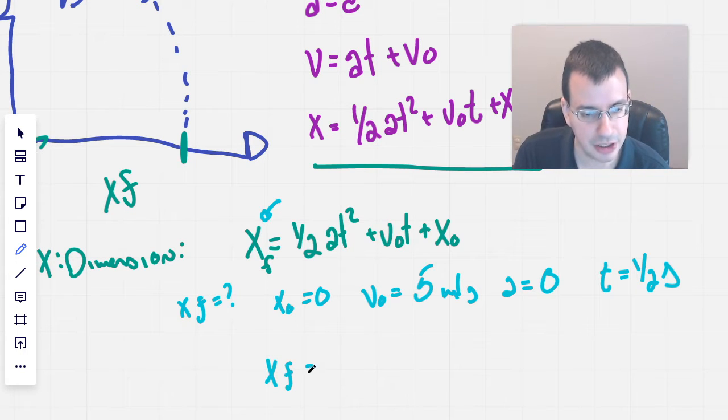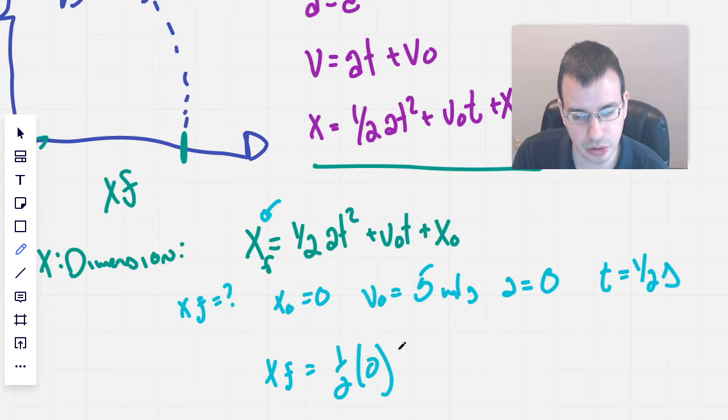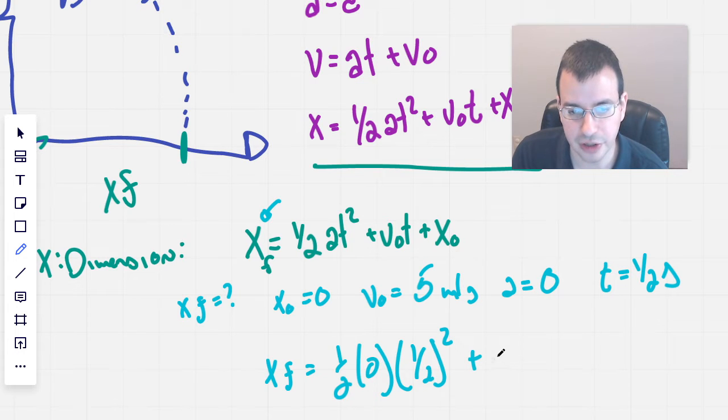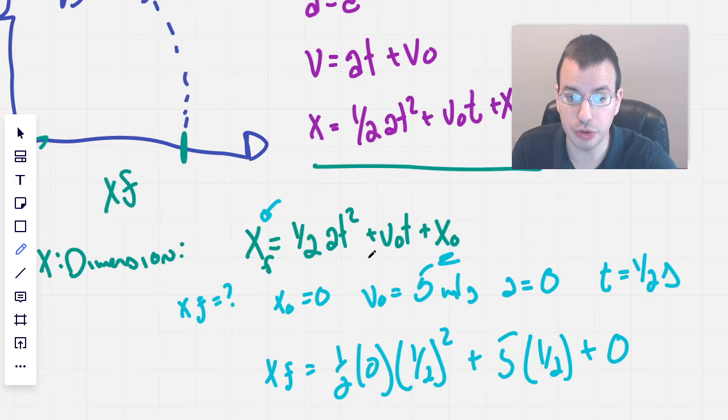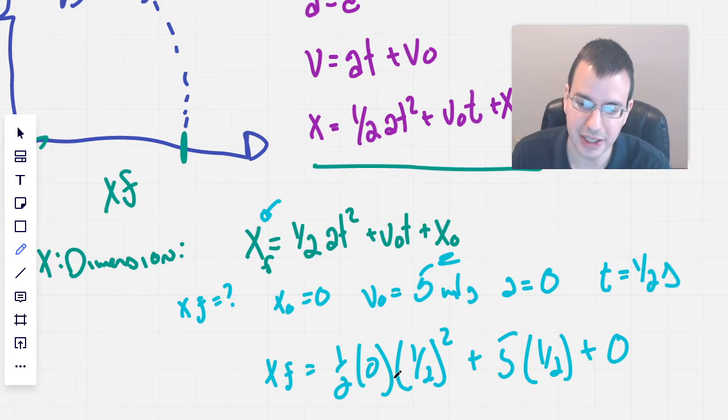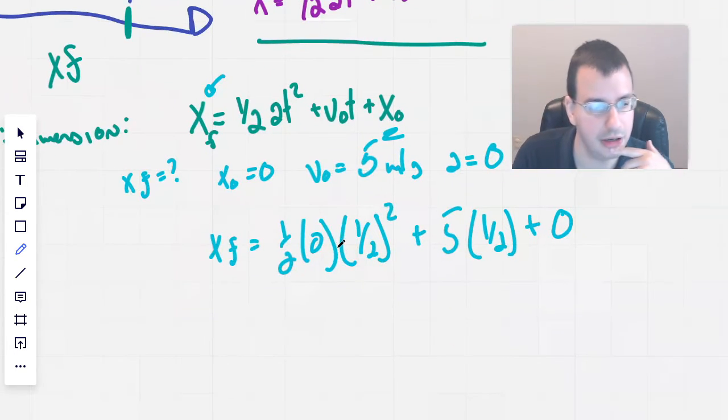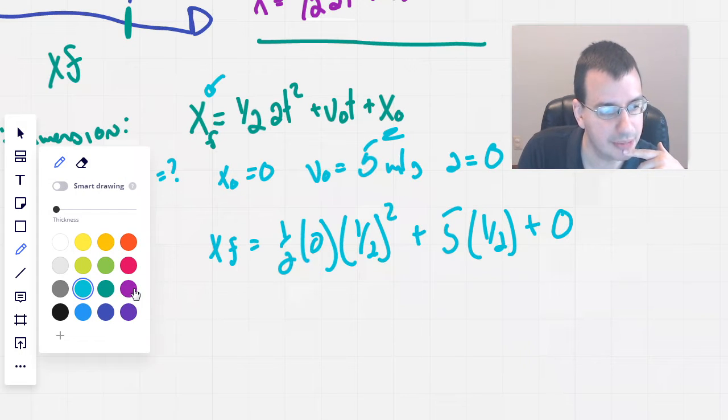So x final equals 1/2 times 0 times 1/2 squared plus initial velocity, which is 5, times time, which is 1/2, plus initial distance, which is x naught, which is 0. I just rewrote this equation up here with these variables plugged in. Looking at it again, I get my canceling.